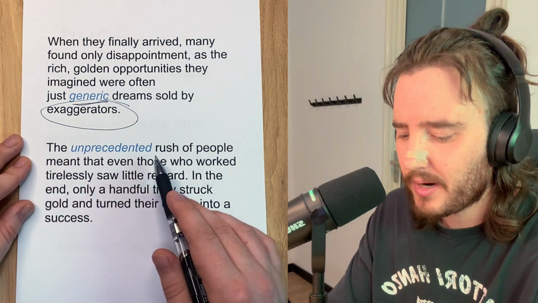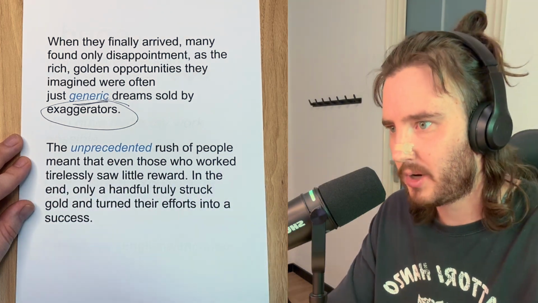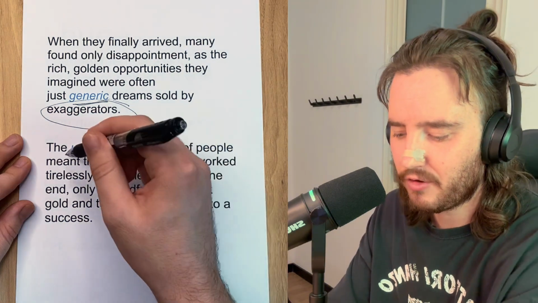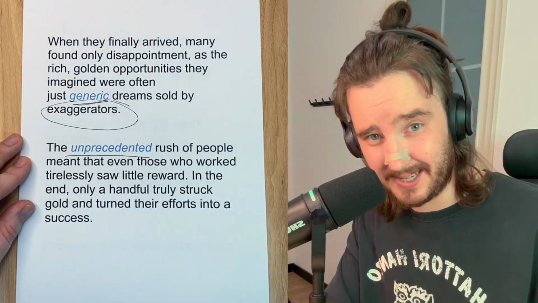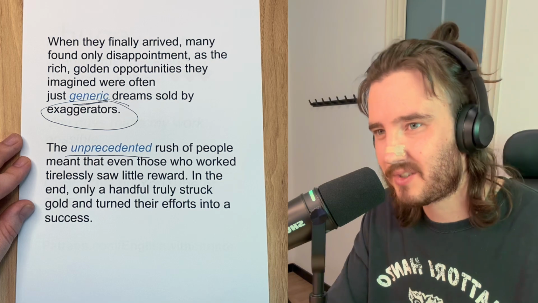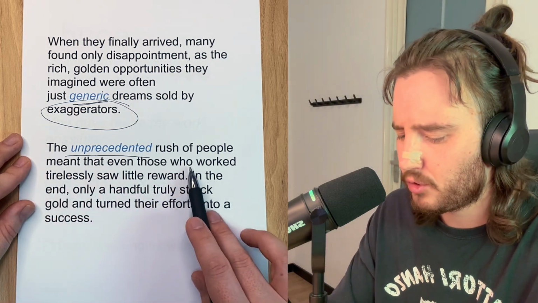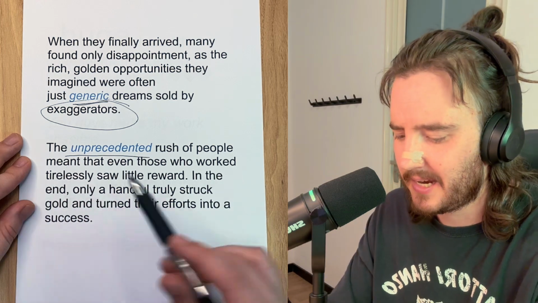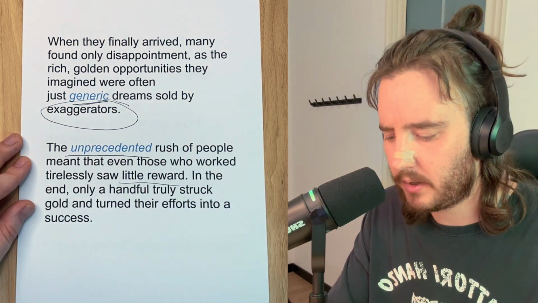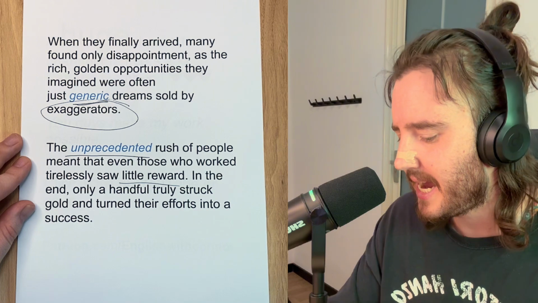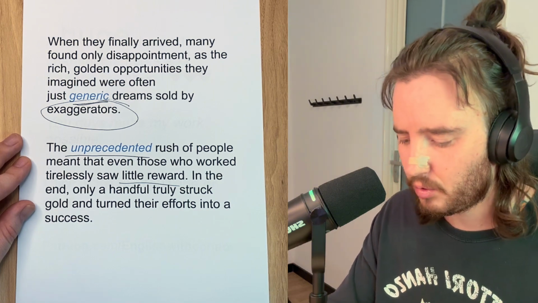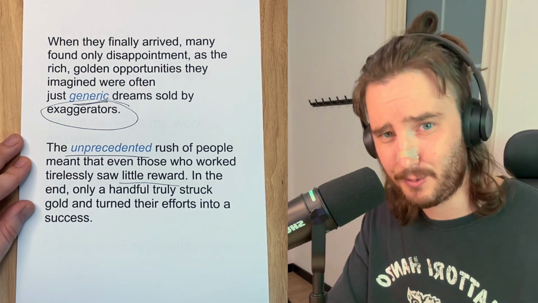So the unprecedented rush, this rush of people that was unprecedented, that this place, this time had never seen before, meant that even those who worked tirelessly saw little reward. In the end, only a handful truly struck gold and turned their efforts into a success.